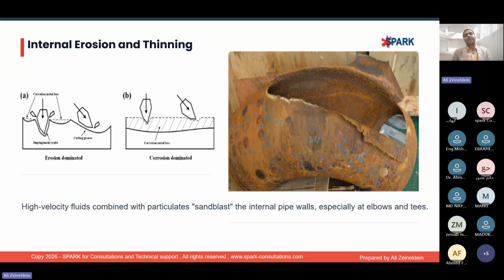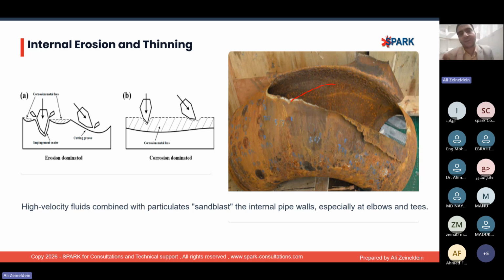This is another example, for internal erosion and thinning. Erosion comes from solid particles and high speed or velocity, especially in the elbow and T joints. This area is susceptible to knocking by solid particles, then it could be eroded.